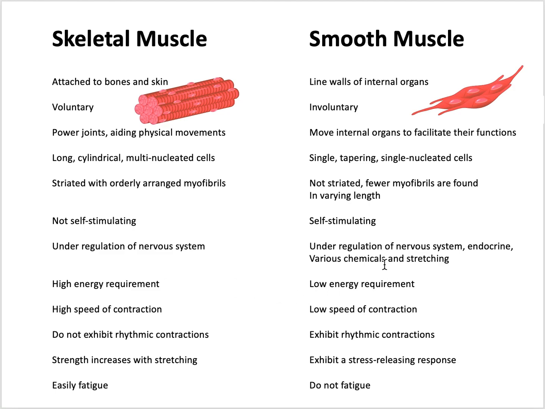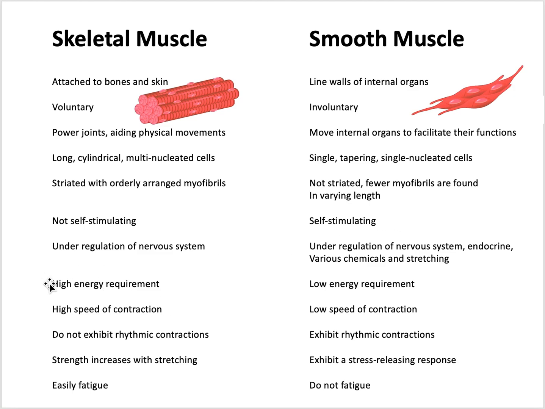Whereas in smooth muscle, we'll talk about the fact that you can have nervous input, endocrine or hormonal input, stretching, and various other chemical and tissue factors that can all cause smooth muscle contraction or inhibit it. So we get a lot of different, highly variable inputs for smooth muscle cells compared to skeletal muscle.